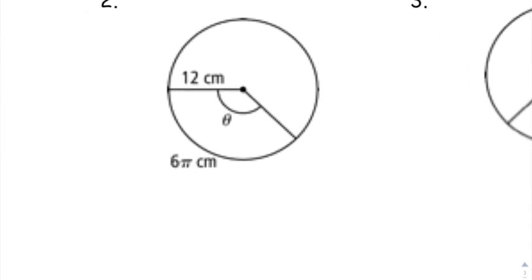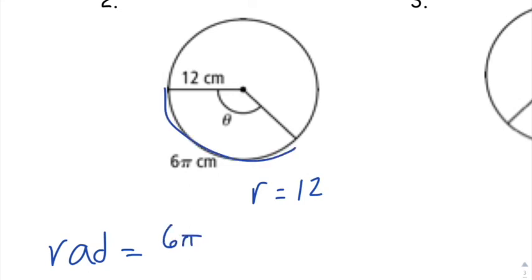Look at this one here. The radius is 12 centimeters. So the number of radians is equal to the arc length, 6 pi centimeters, divided by the radius. That simplifies down to 1/2 pi, or pi over 2, it doesn't matter how you write it.